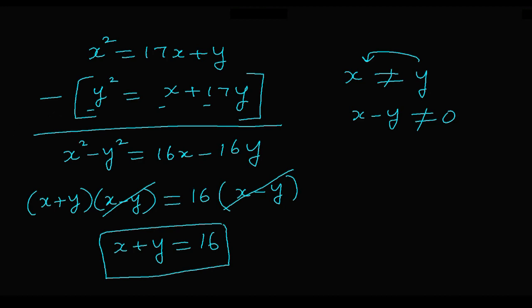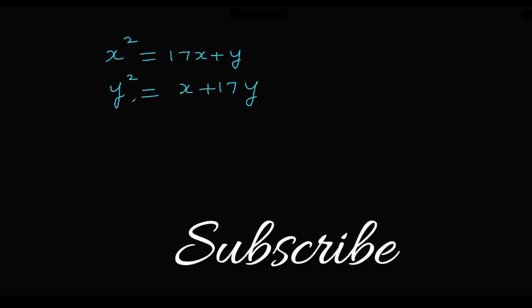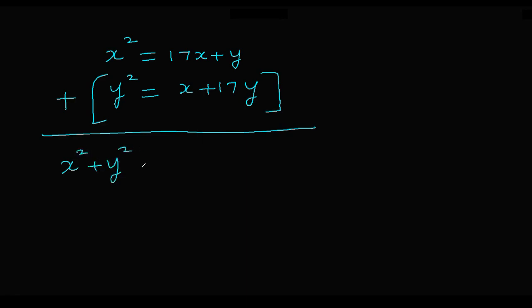Now, let me continue in the next whiteboard. Writing the equations, x squared is equal to 17x plus y, y squared is equal to x plus 17y. This time I am going to add the equations. It's so simple. Add the left side separately, x squared plus y squared.